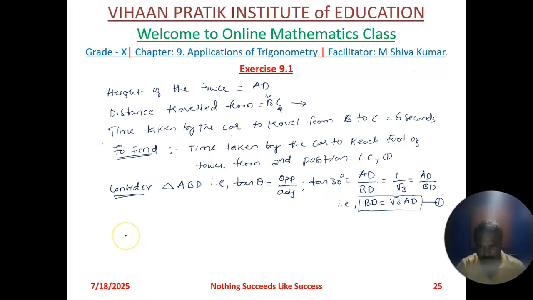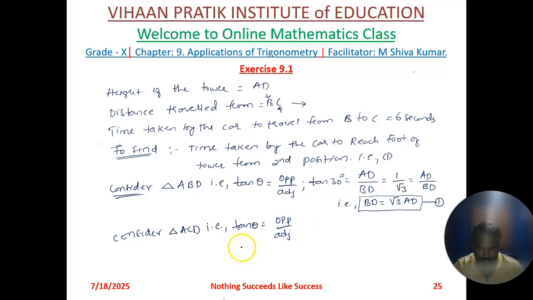Now before we can find out the speed of the car which is traveling from A to B to C, that we'll do. We'll find out the speed. Now second, consider triangle ACD, the smaller triangle, with tan theta equals opposite by adjacent.